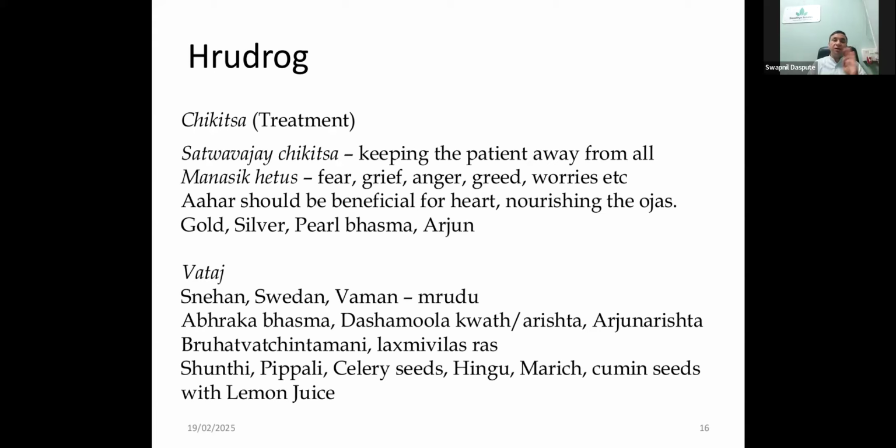Rudrog is considered as a contraindication to do any type of Panchakarma. But in this case, Vamana is mentioned in the classical textbook. So it tends to confuse us as students that should we do Vamana in this case, or in Vamana case we should not exclude Rudrog.